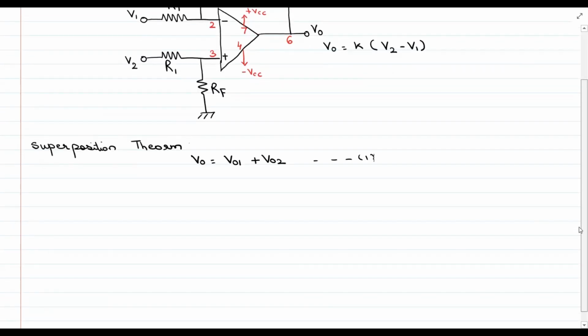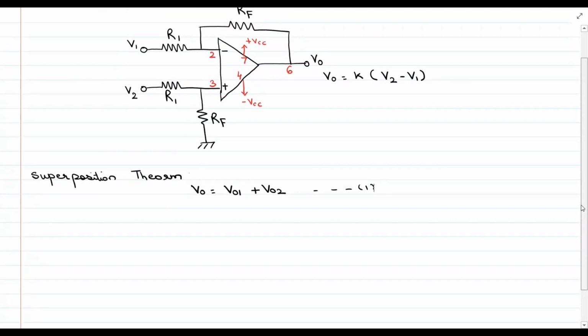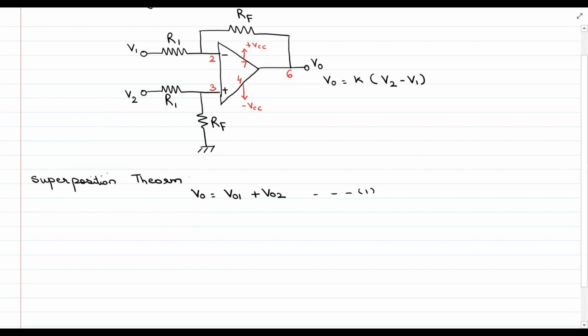Let us consider our circuit and see the effect when only V1 is acting using superposition theorem. So the first is when V1 is acting. That means V2 is equal to 0. If we redraw this circuit, we see that it is an inverting amplifier.